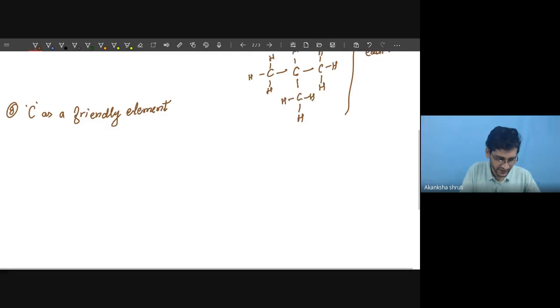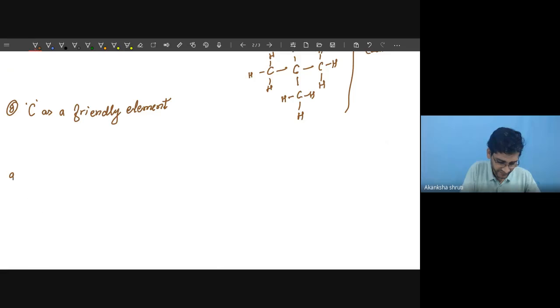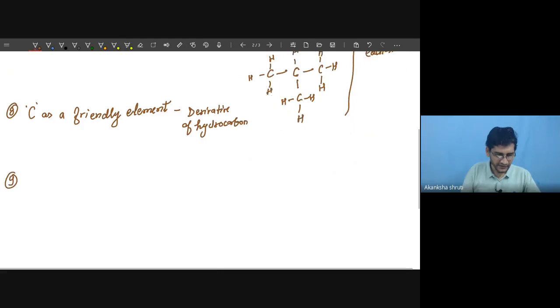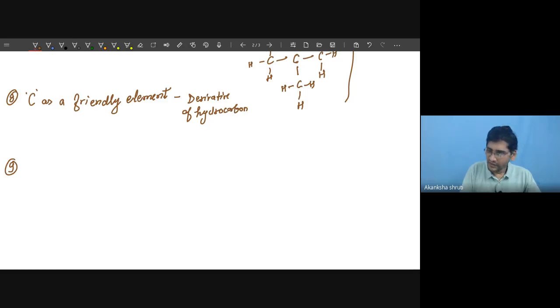And then the ninth one is, why friendly? Because of their derivatives, derivatives of hydrocarbon. And the ninth one is, for one particular functional group, there can be a large number of compounds.